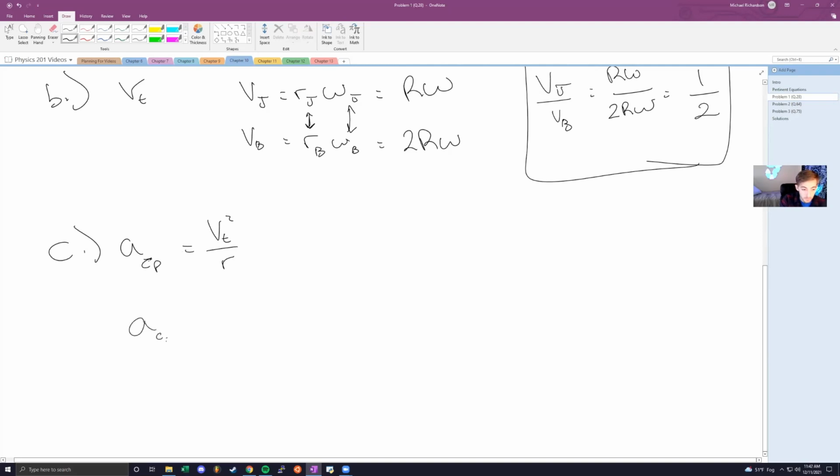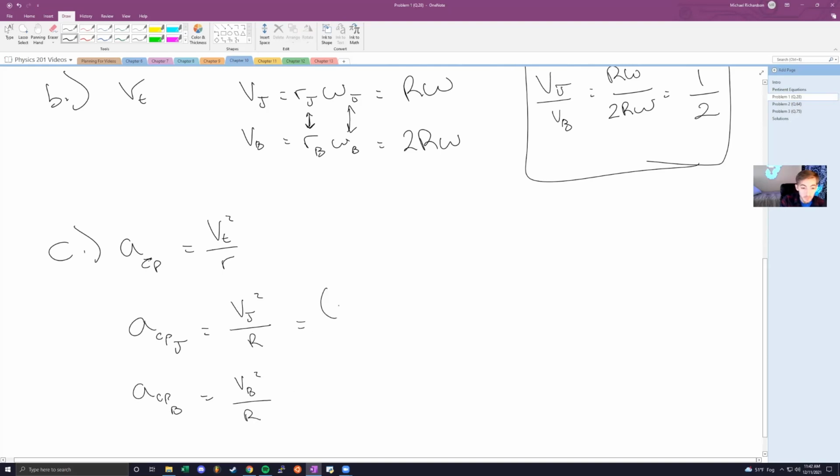So if we want our centripetal acceleration for Jason and our centripetal acceleration for Betsy, and for Jason, we get that it's going to be the v sub j of r, and then the v sub b of r. Both of those velocities squared.